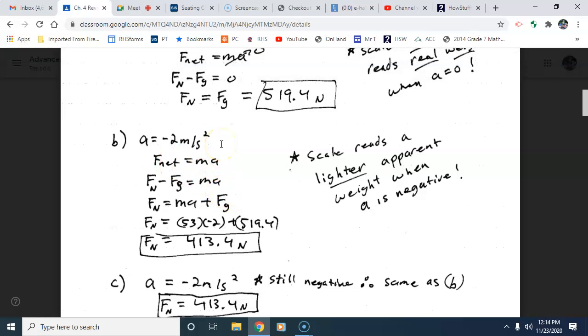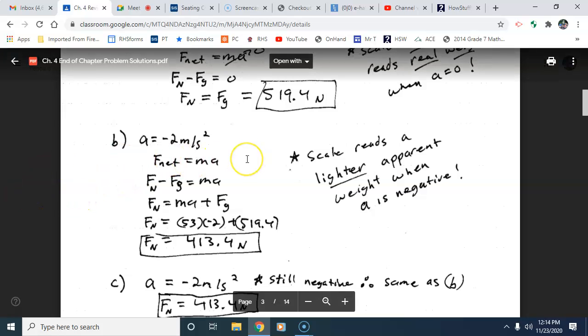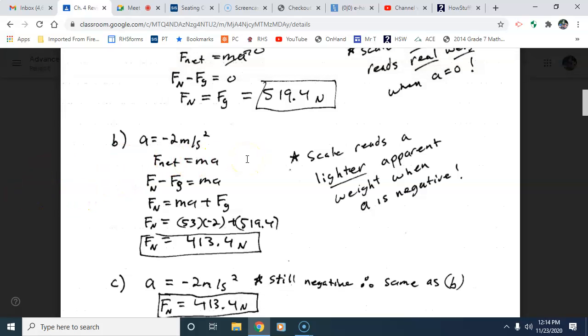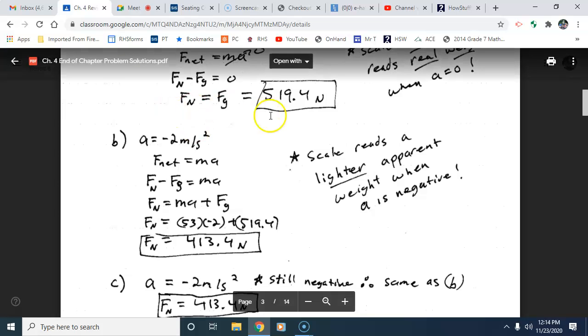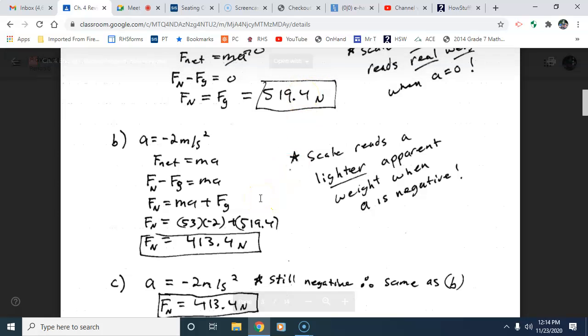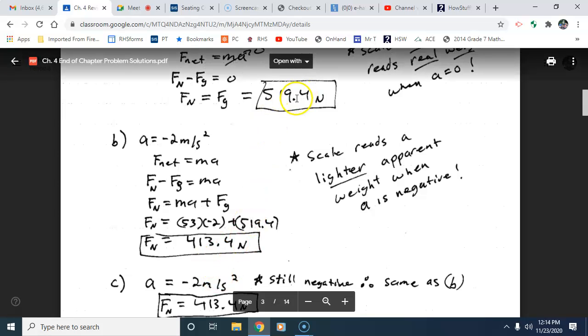And the concept we learn before we even go through any of this math right now is if we have a negative acceleration, does our apparent weight feel heavier or lighter than our real weight? Remember, our real weight's really what I found in part A, right? Because that was at equilibrium. So if I'm undergoing a negative acceleration, will I feel heavier, lighter, or the same? Lighter. So we should expect, knowing that concept, I better get a number lower than this, right?